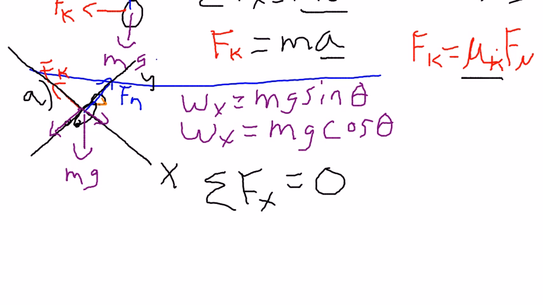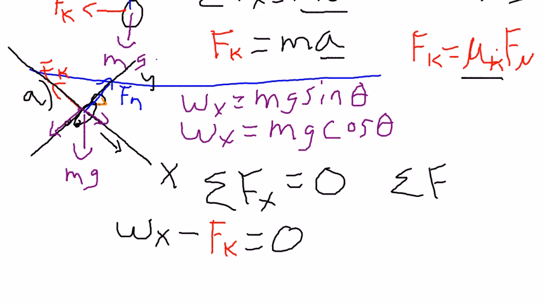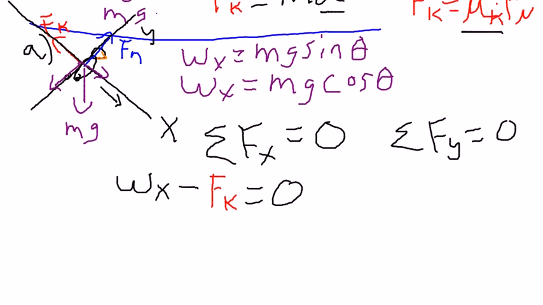So if we do sum of the forces in the x direction, we have Wx in the positive direction, this way, and we have minus the force of kinetic friction in the negative direction, and that's equal to 0. Alright, so what you can do then is use this information in combination with sum of the forces in the y direction equal to 0 to solve for your coefficient of friction.